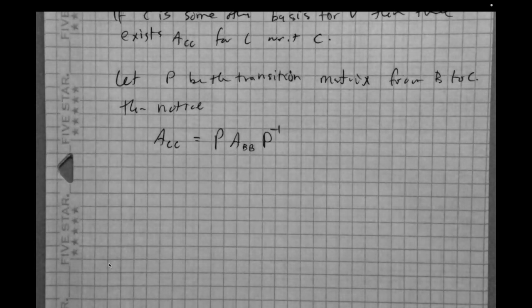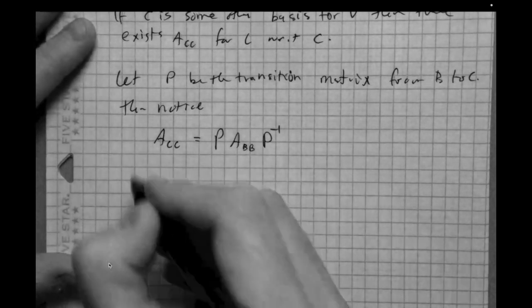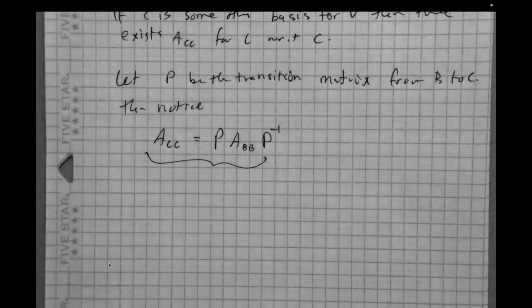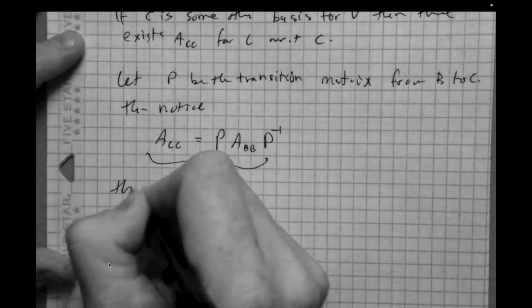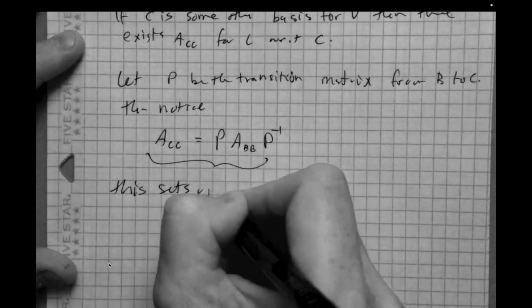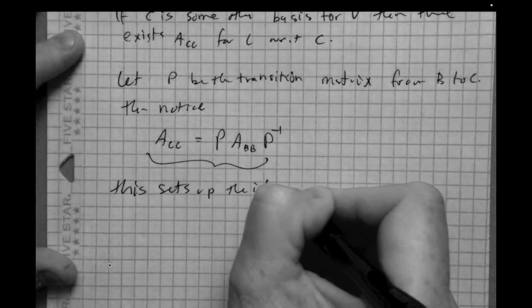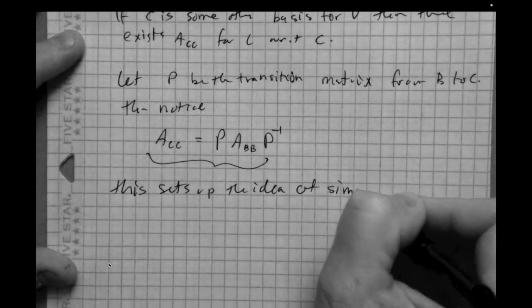P is just the transition matrix from B to C. Okay, this right here sets up the idea of similarity for matrices.